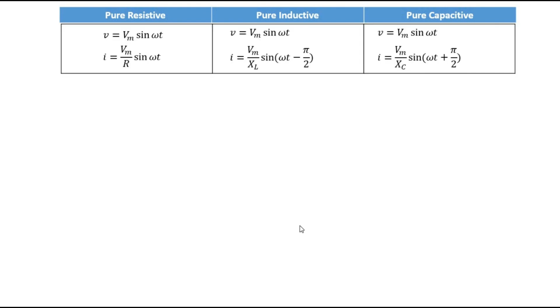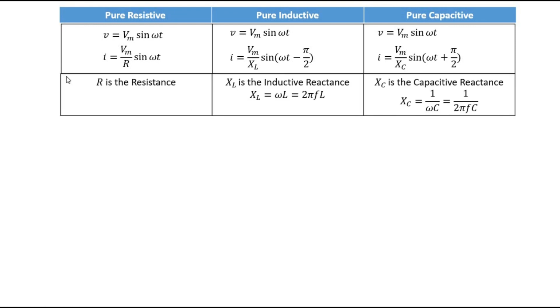If we compare pure resistive, inductive and capacitive circuits: for resistance, I is equal to Vm by R sin omega t. For the inductor, I equal to Vm by XL sin omega t minus pi by 2, and plus pi by 2 in the case of the capacitive circuit. Here R is the resistance, XL is the inductive reactance, omega L or 2 pi fL, and Xc for the capacitor is the capacitive reactance, which is 1 by omega C or 1 by 2 pi fC.